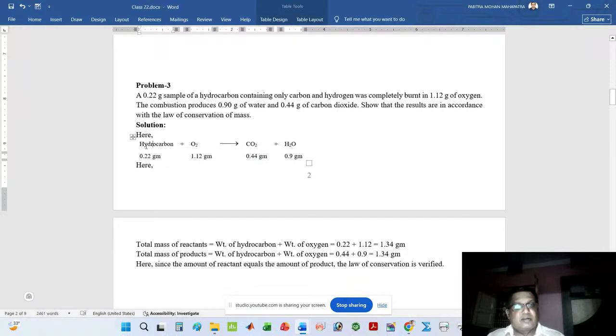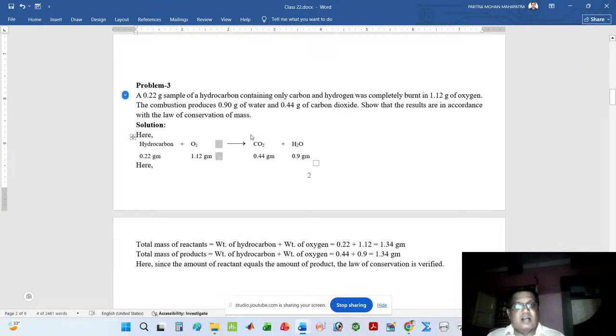But look at that, here a hydrocarbon is given, and the sample contains only carbon and hydrogen. Here no oxygen is present, so the carbon dioxide and water produced as products only come from the separately given oxygen gas.